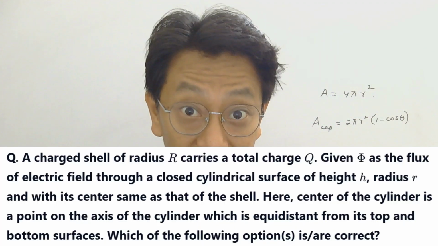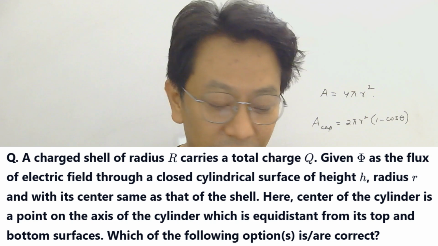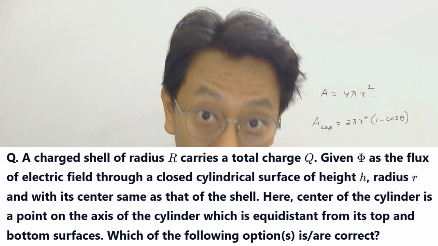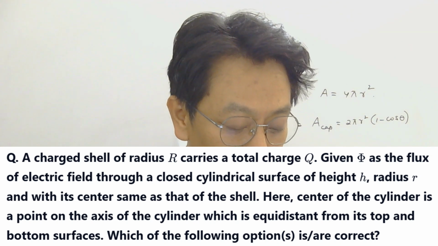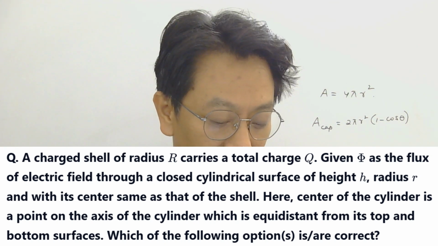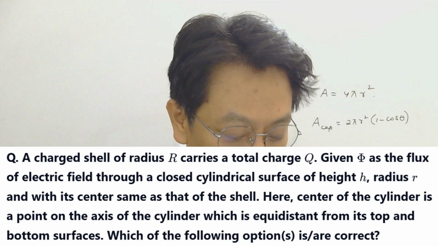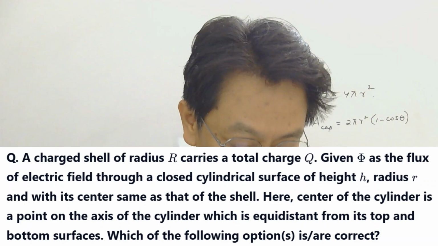Now let me read the question. It says a charged shell, meaning a hollow sphere of radius capital R, carries a total charge capital Q. Given phi as the flux of the electric field through a closed cylindrical surface of height h and radius small r. Capital R is the radius of the spherical shell where there is charge, and here small r is the radius of the cylinder where there is no charge.